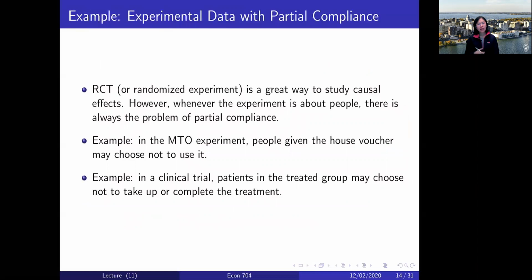Now let's consider an example of an IV. In this example, we again return to the randomized control trial that we talked about before.